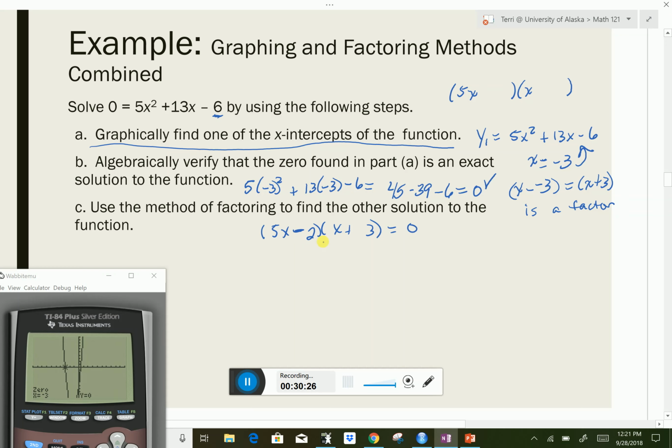Negative 2 plus 15 makes positive 13. So the other solution has to be 5x minus 2 equals 0. So 5x equals 2, so x equals 2/5. Now we have both solutions: x equals -3 and x equals 2/5.